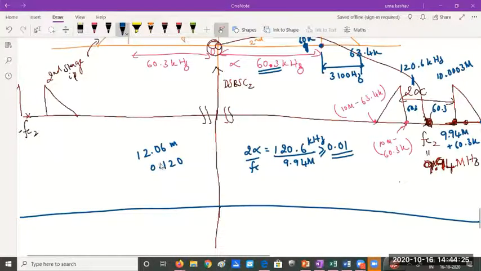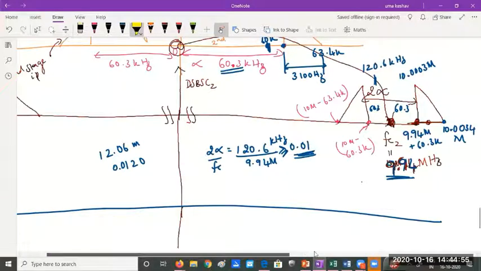Okay, approximately it should be equal to or greater than this, and you are getting that condition satisfied for the high carrier frequency of 10 mega, 9.94 or 10 mega. For such a high carrier frequency also, this condition is satisfied, which means looking at this diagram you can easily see that.